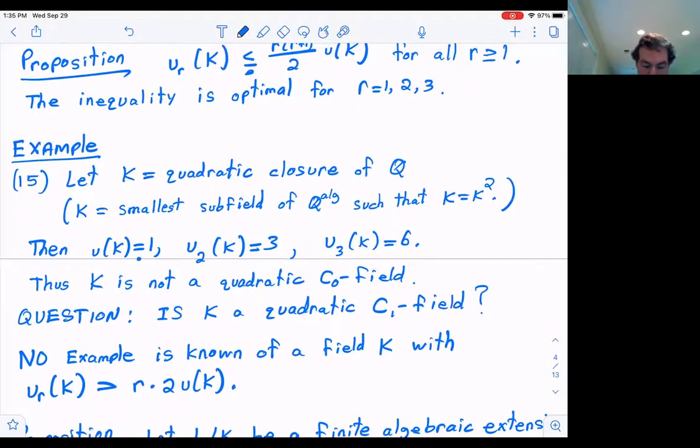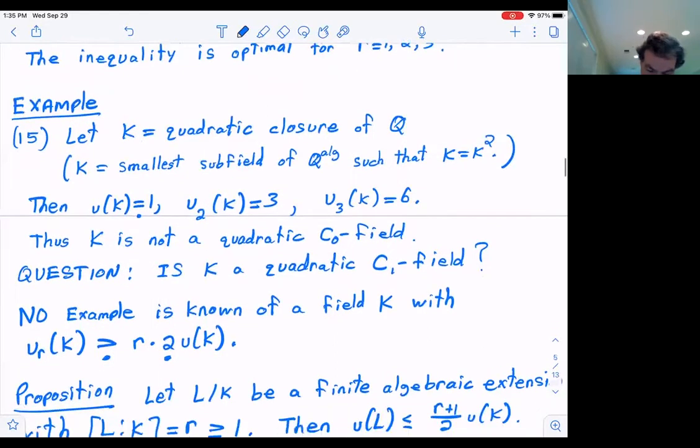There is no example known of a field K where this u sub r invariant is greater than r times 2 times the u invariant. So sometimes it's bigger than the u invariant, but we don't know any example where the constant here would be bigger than 2. So kind of strange.